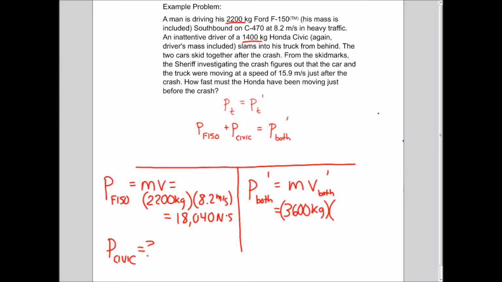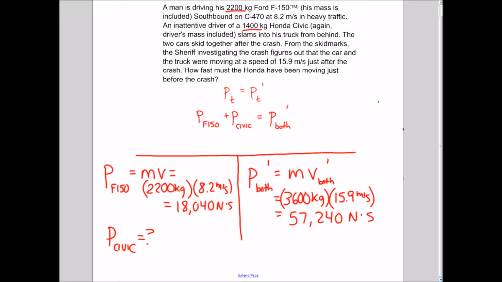And according to the problem, they are moving 15.9 meters per second after the collision. When I multiply those two together on my calculator, I come up with 57,240 Newton seconds. So I now have the numbers that I'm going to need to go about solving this problem.